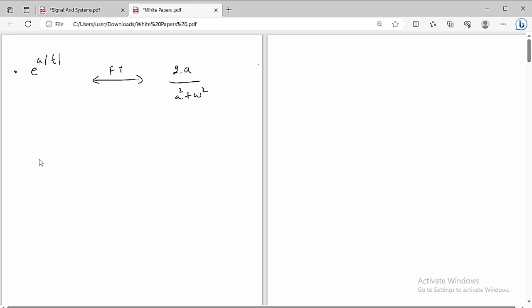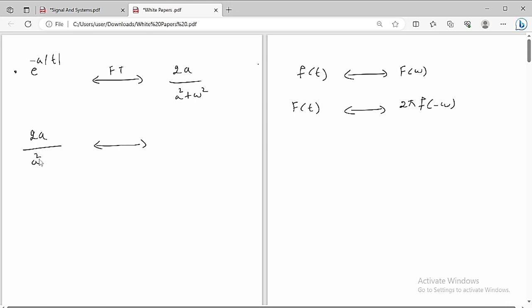Now suppose you know the basic formula: for f of t, if the Fourier transform is f of omega, then capital F of t has the Fourier transform 2 pi into f of minus omega. So I will write in the time domain 2a by a squared plus t squared, where wherever omega is there, I have replaced omega by t.